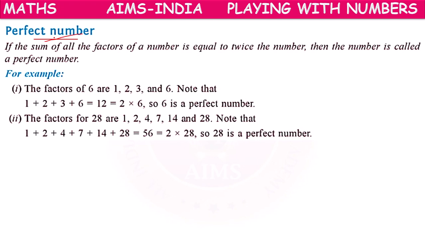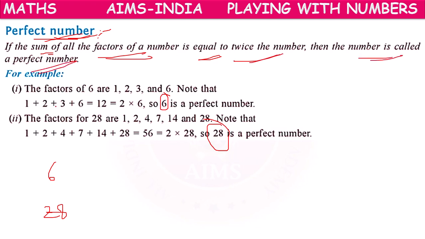Next, perfect number. If they have given a number like 6 or like 28, we have numbers like 6 and 28. If the sum of all the factors of a number is equal to twice the number, then the number is called a perfect number.